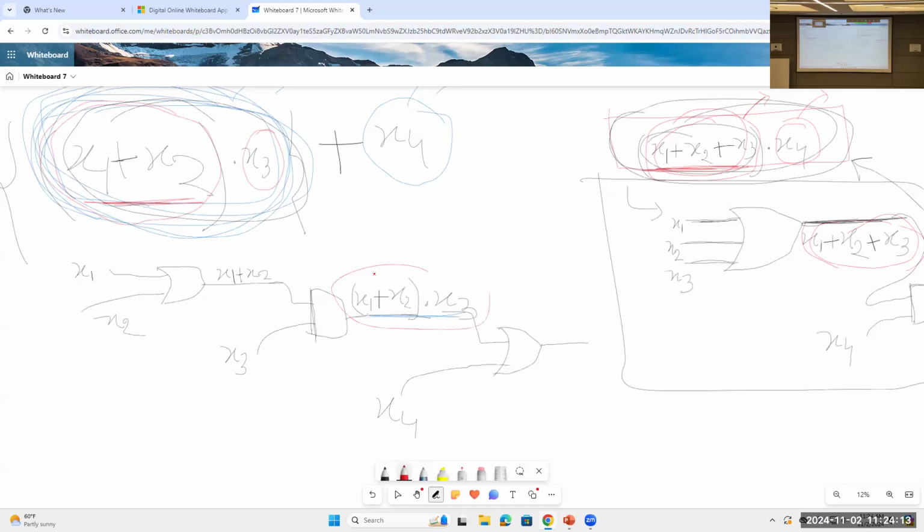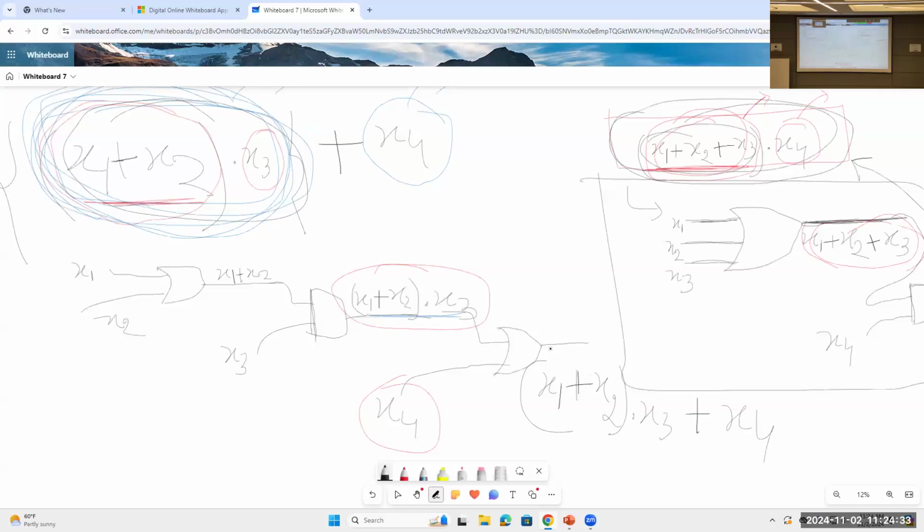So the final output would be x1 plus x2 dot x3, added with x4.